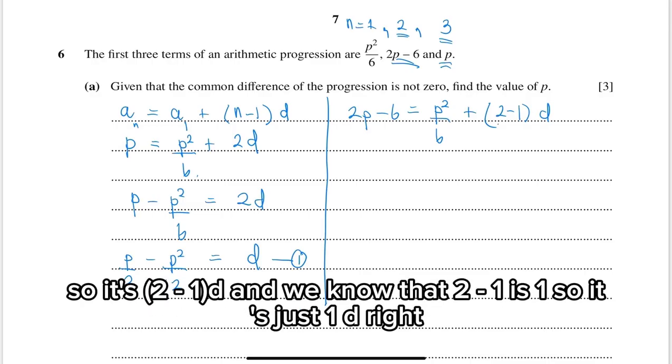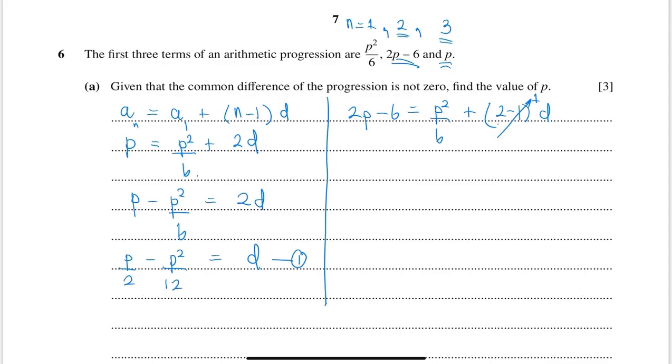And we know that 2 minus 1 is 1, so it's just 1d, right?